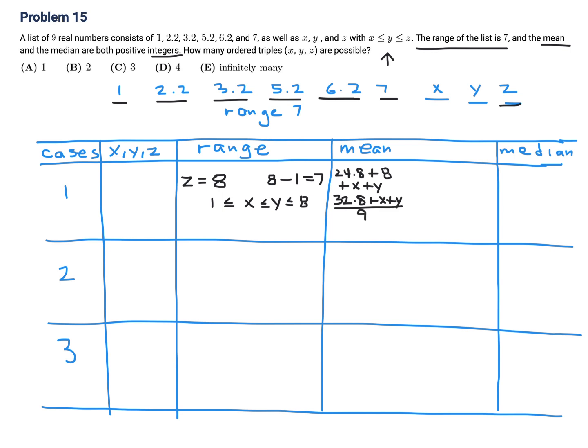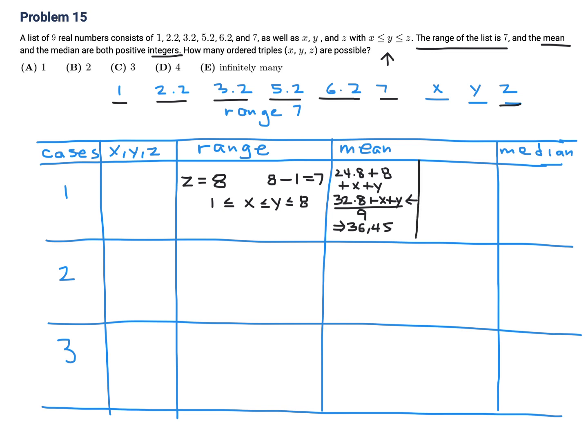There's 9 of them. That has to be an integer. Okay, the only way that's an integer is if this numerator is either 36 or 45. That means 36 or 45 for this numerator, because if it's 36 or 45, it will be divisible by 9.